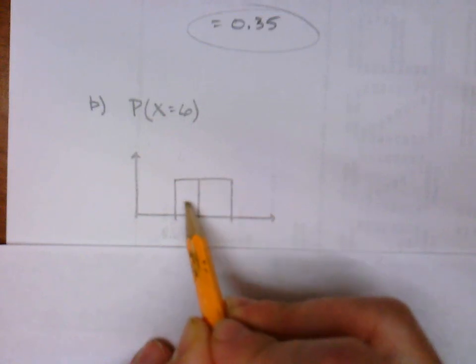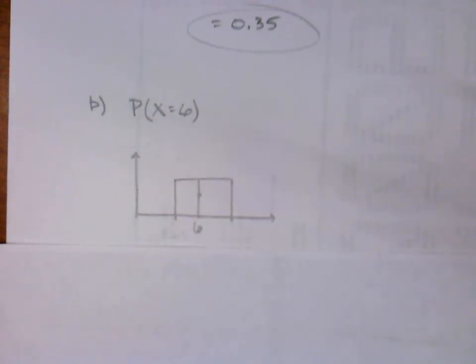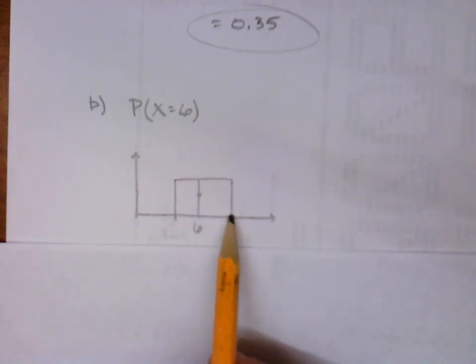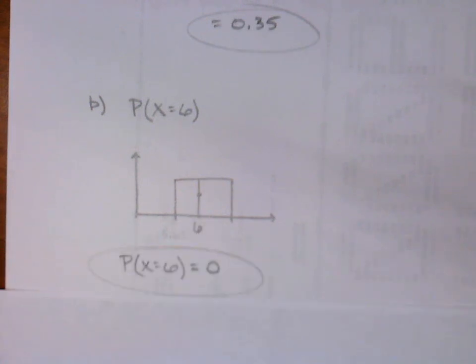What are the chances that a randomly selected kid falls perfectly on that line? Well, there's infinitely many possibilities. The chances of getting exactly 1 out of infinity is 0. There's a 0 probability, a 0% chance that a kid is exactly 6 years old when the new academic year begins.